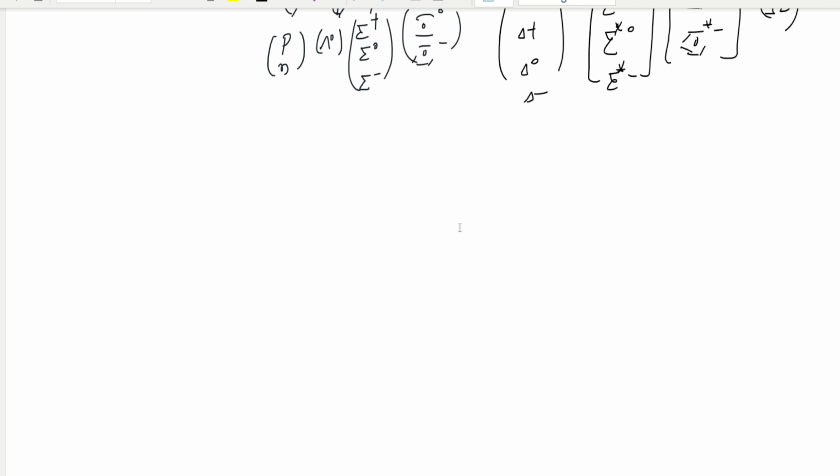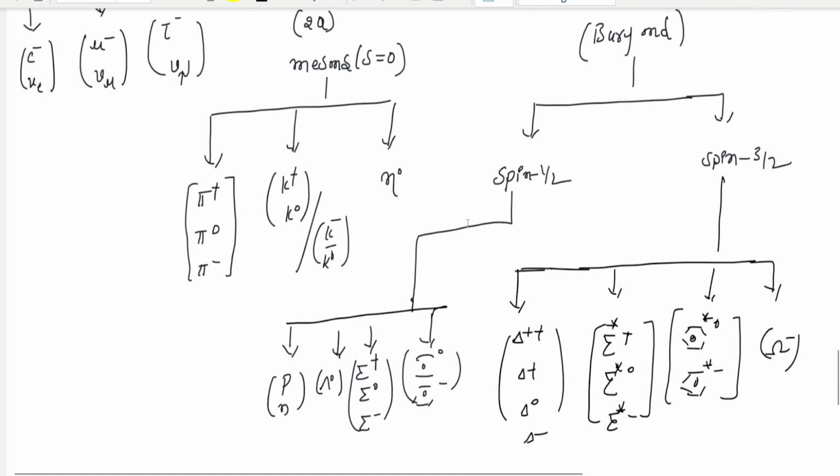In the previous class, we discussed the classification of elementary particles, how this classification happened based on the Bose-Einstein distribution and their half-integral spin. Pions, mesons, hadrons are there.